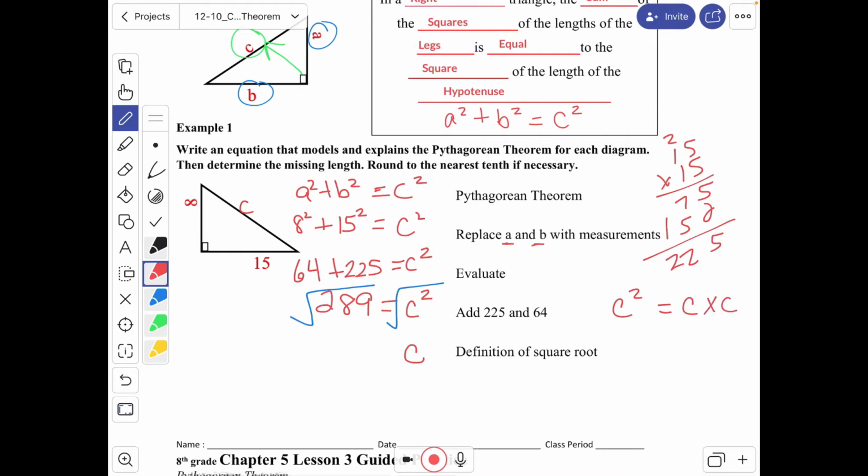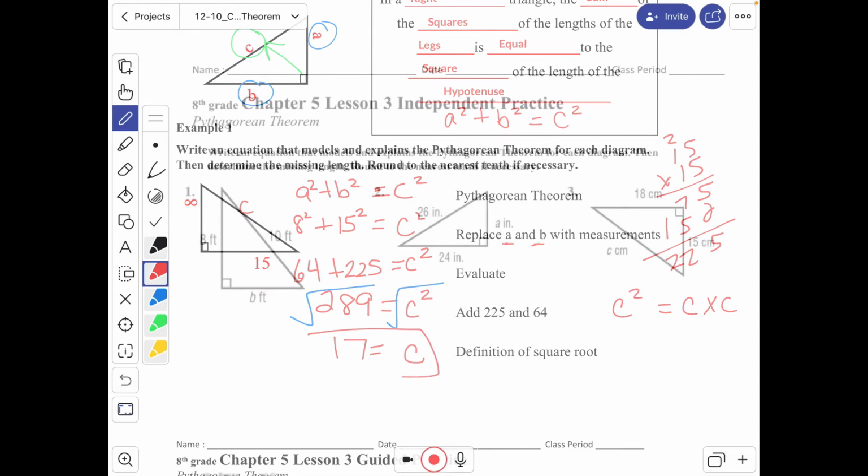So the square root would just be one of those c's. Then the square root of 289. That's where we might need to use those calculators. You can put it in the calculator and hit the square root button. It kind of looks like a division sign. And you'll find that it is 17.